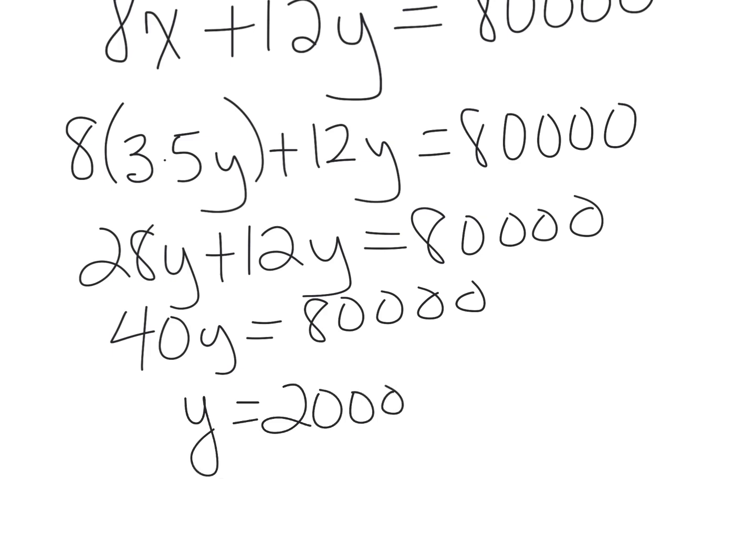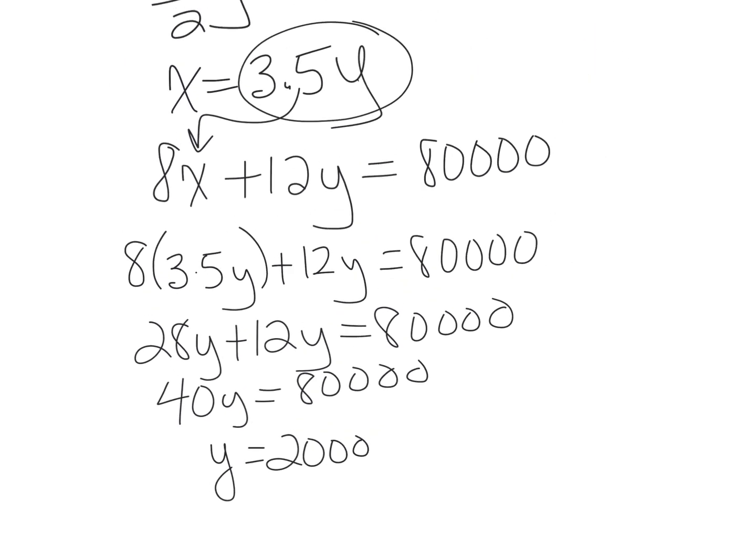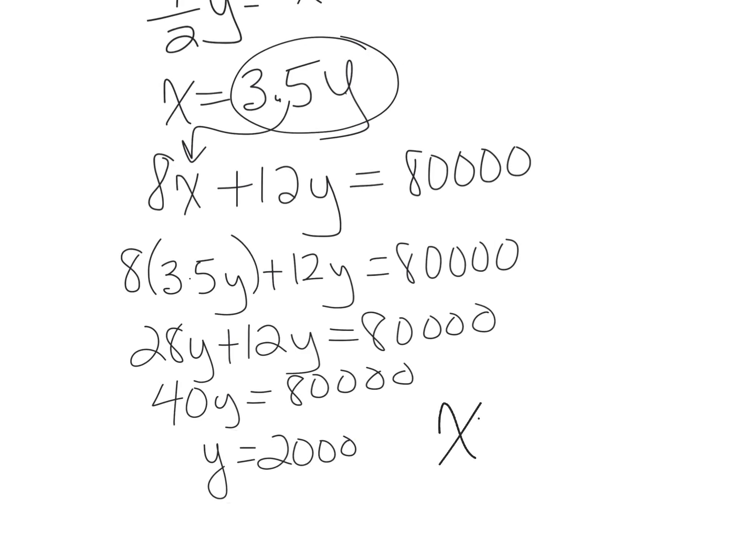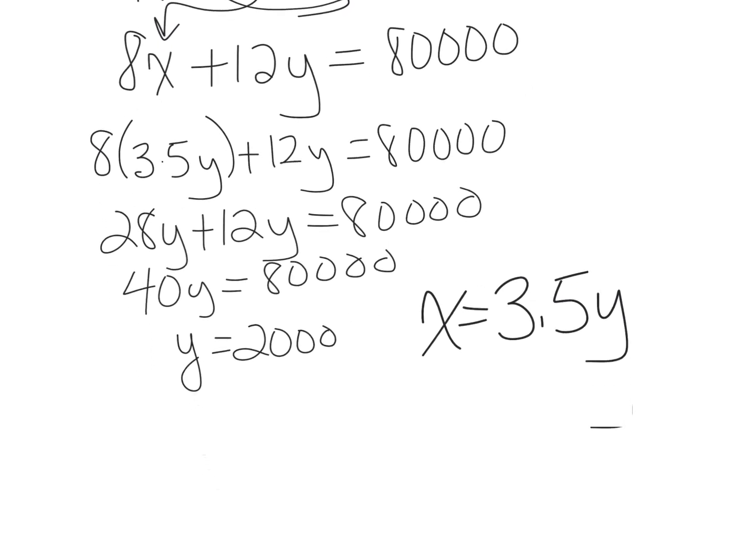So y is our units of capital, so in order to maximize our production, we're going to have 2,000 units of capital. And remember, let's go back to that simple relationship that x is equal to 3.5y. We don't have to go back to our constraint function.